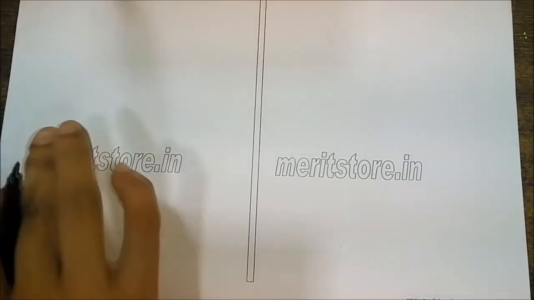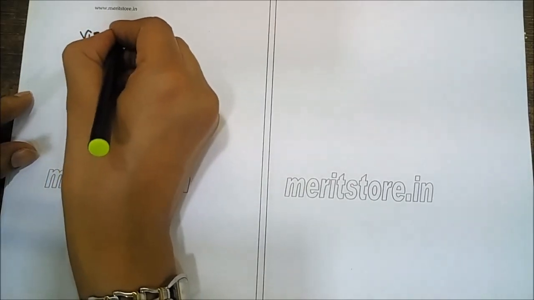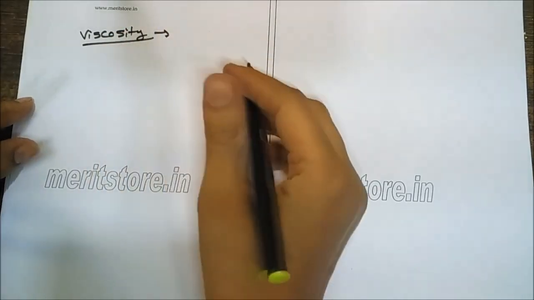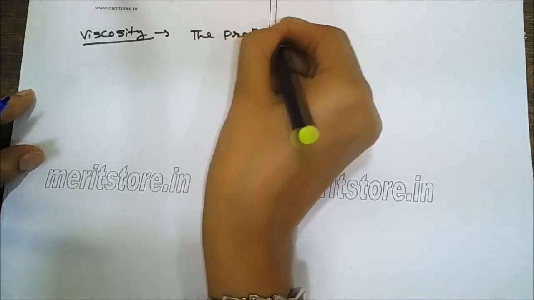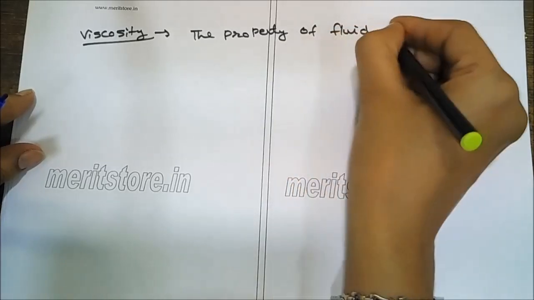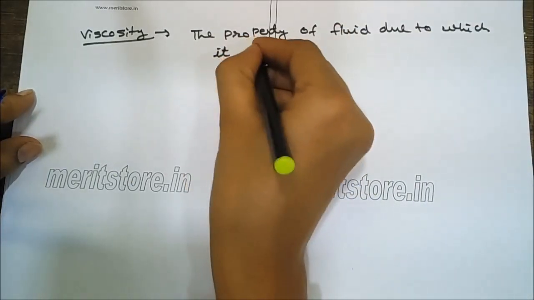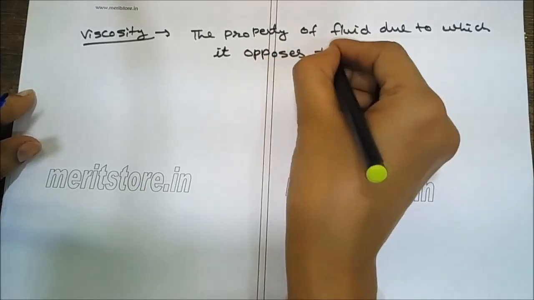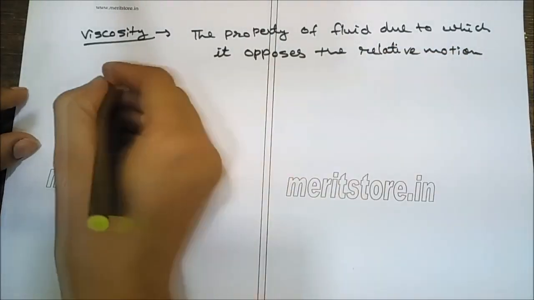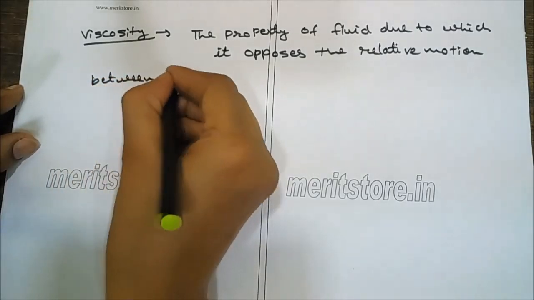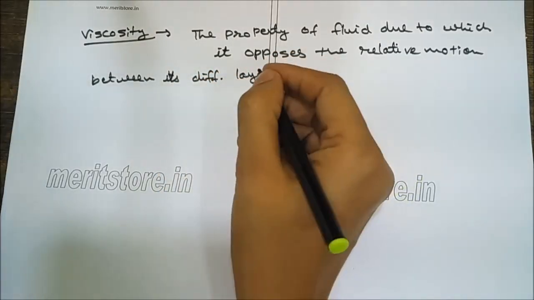The next topic is viscosity. The property of a fluid due to which it opposes the relative motion between the layers is called viscosity.